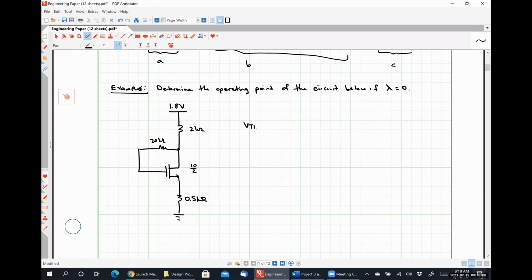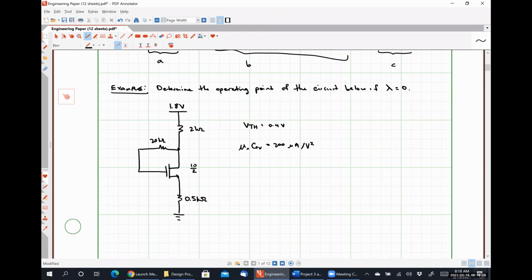We'll be dealing with a threshold voltage of 0.4 volts. And mu n C ox is 200 microamps per volt squared.